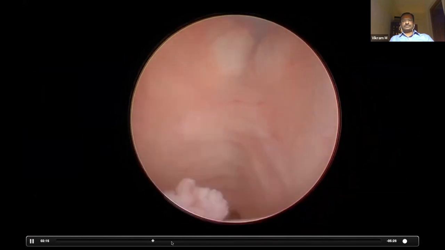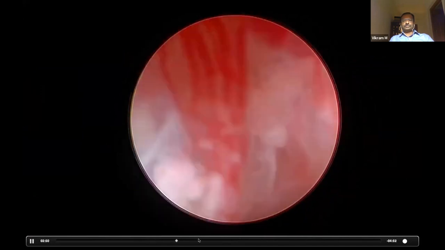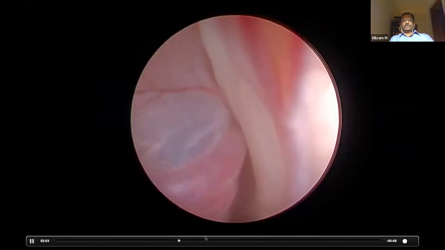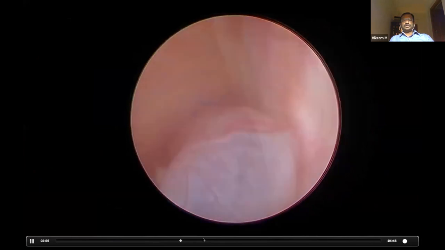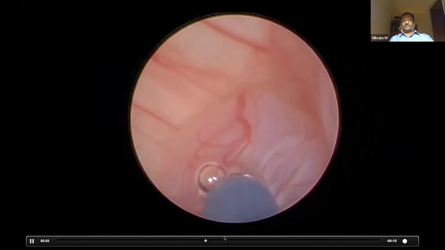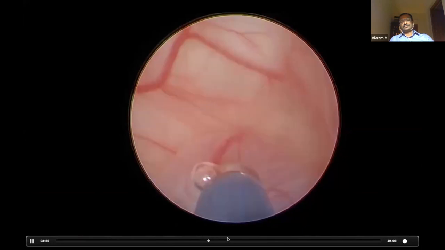So that's the aqueduct. With such a big vein, I decided to shrink the arachnoid membrane instead of excising it, using the bipolar cautery, periodically shrinking the surface of the arachnoid cyst.